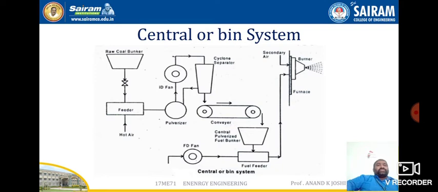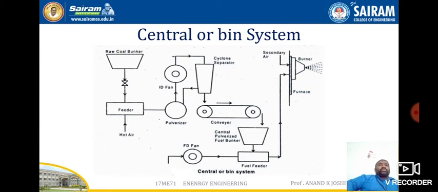The figure shows the schematic diagram and principle of operation of the central system, or also called the bin system, for burning pulverized coal. So what happens here? From the raw coal bunkers, the crushed raw coal is dried using hot air or flue gases and fed into the pulverizer.